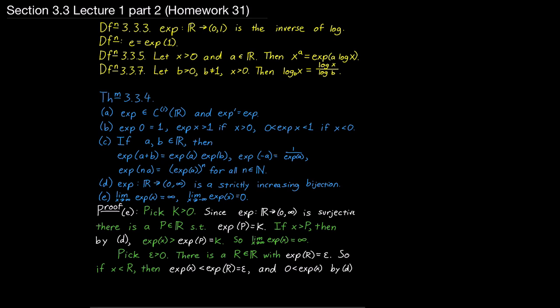So the absolute value of exp of x minus 0 is equal to exp of x, because exp of x is positive, and it is strictly less than epsilon.